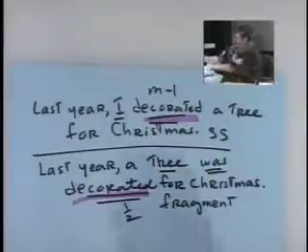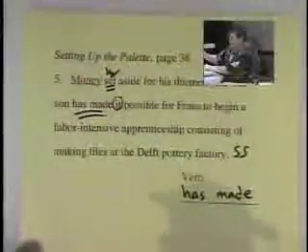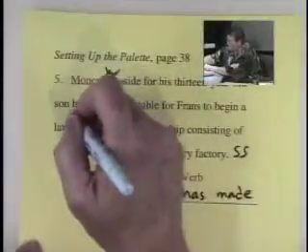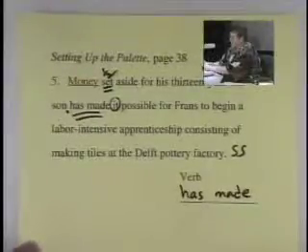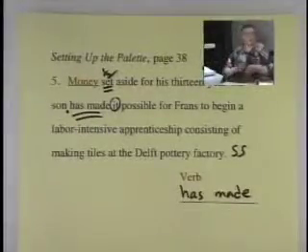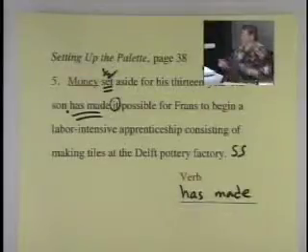And I'm going to make a connection to the word set. Set can be a whole verb or a half verb. Now, in this example that we were looking at over here, imagine if you can that this sentence ended right after son. Money set aside for his 13-year-old son, period. Would that be a sentence? No, because set is a half verb.